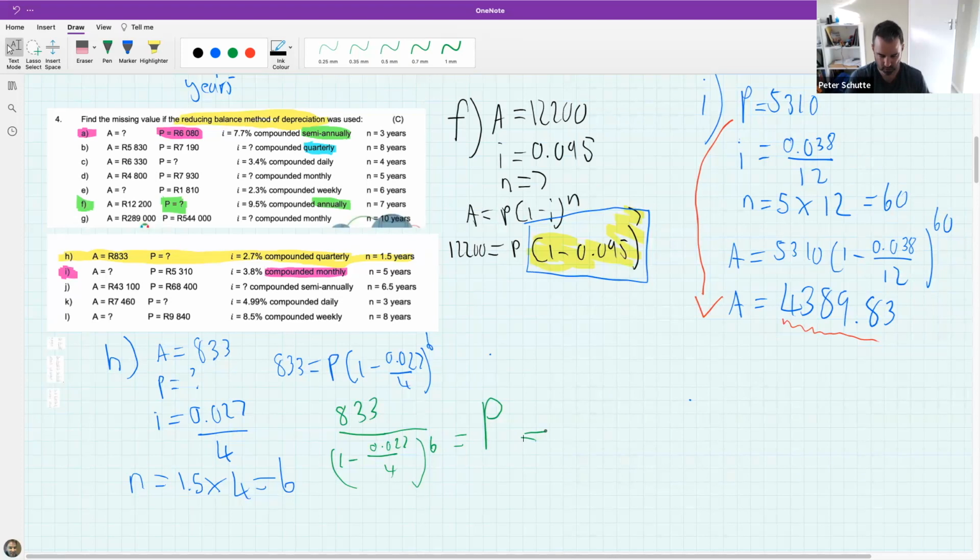Let's see if we all agree. I'm getting 867.55 if I round off. So that is what I will get as my initial value.